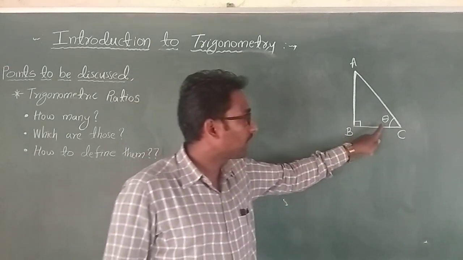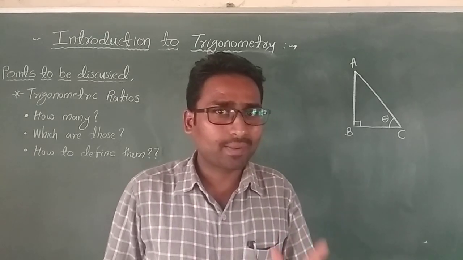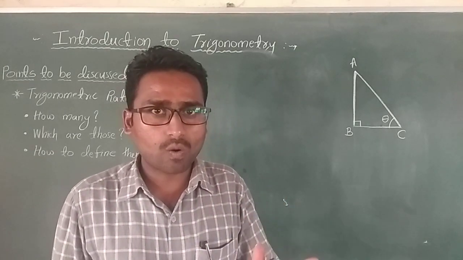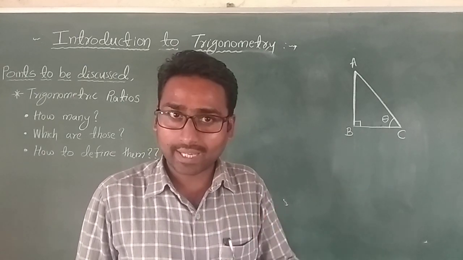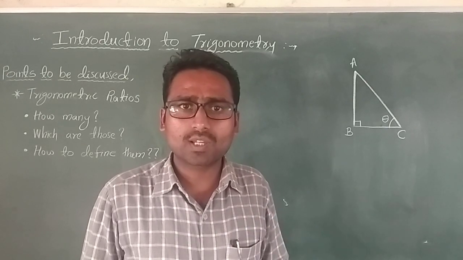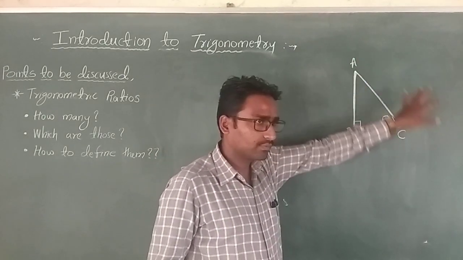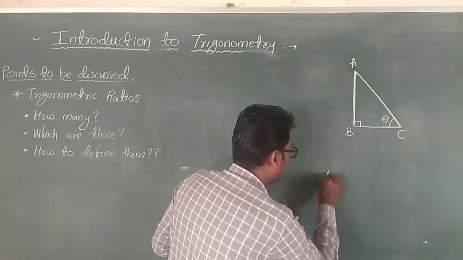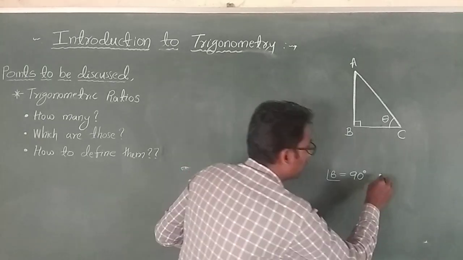Question comes, what is theta? Students, theta is a mathematical notation or symbol used to denote certain angles whose values are not definite and keep on changing according to the situation. If you look at the diagram here, angle B is equal to 90 degree, which is fixed.